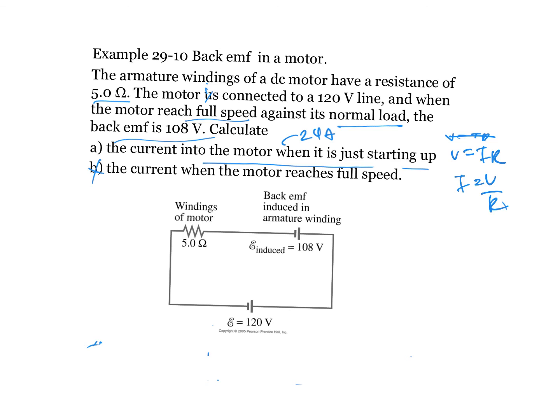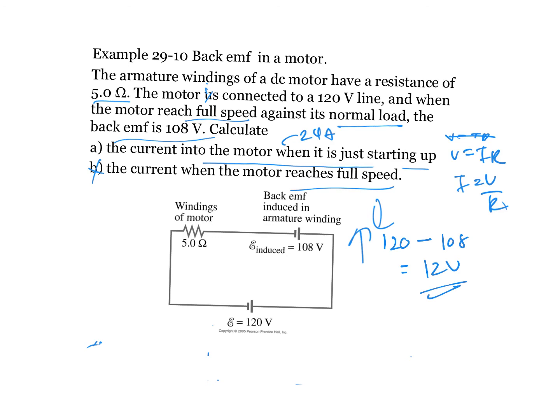However, when the motor reaches full speed, definitely your back EMF is going to be increased and it's going to affect your voltage. So you need to find the remaining voltage across the DC motor, which means that now your original is 120 and your back EMF is 108. So you only have 12 volt for you to operate the DC motor.